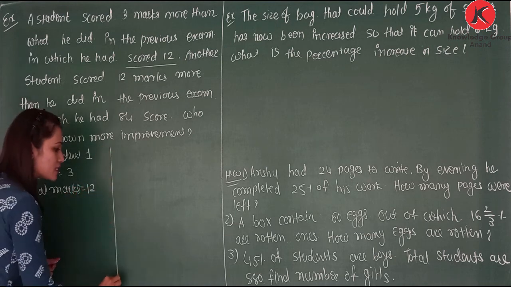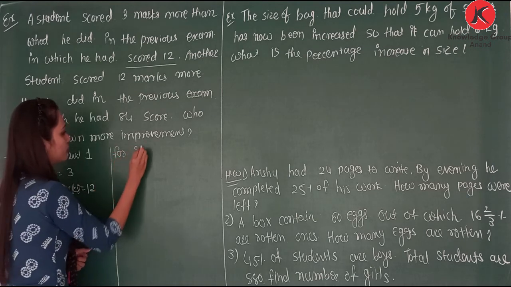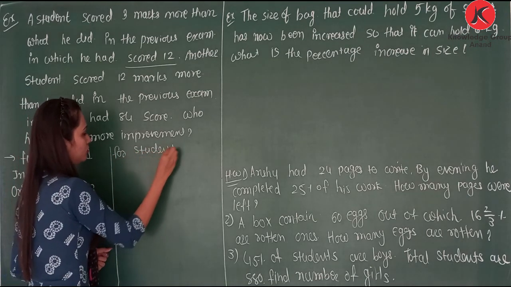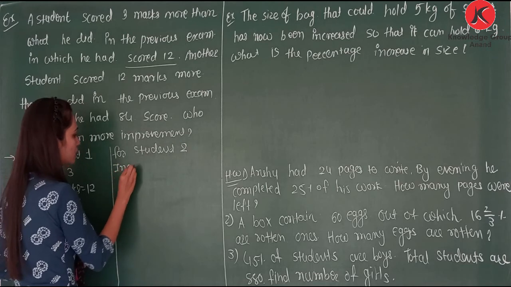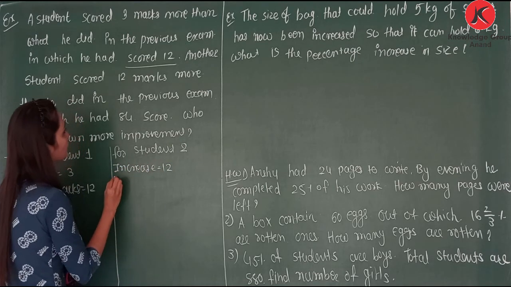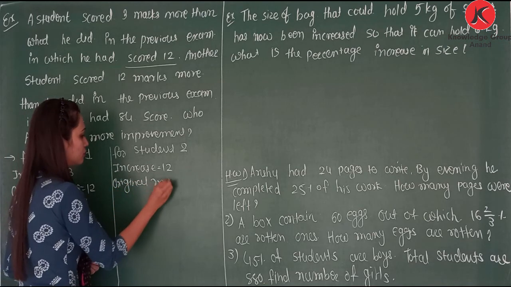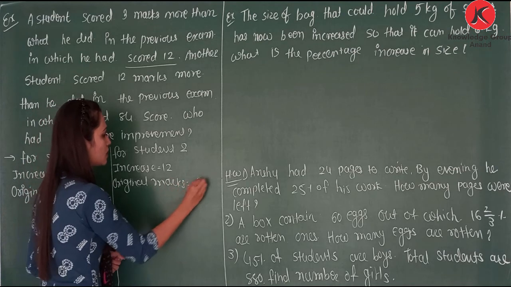Means in a previous exam he had 84 marks and now he scored 12 marks more. Means increase in 84. So again for student 2, increase is what? Increase of 12 marks and original marks is 84.